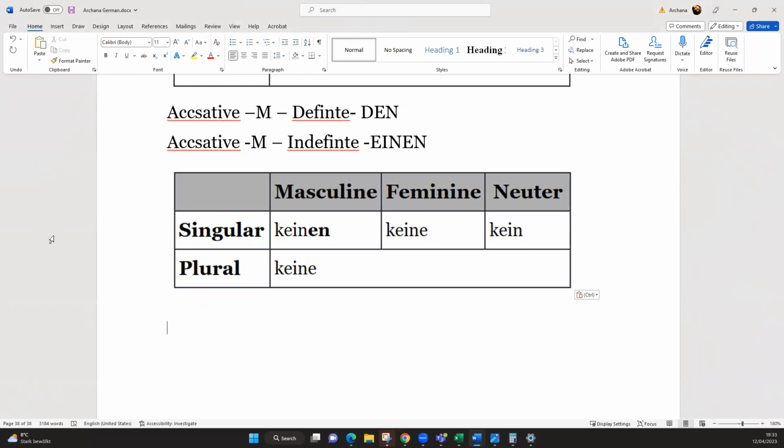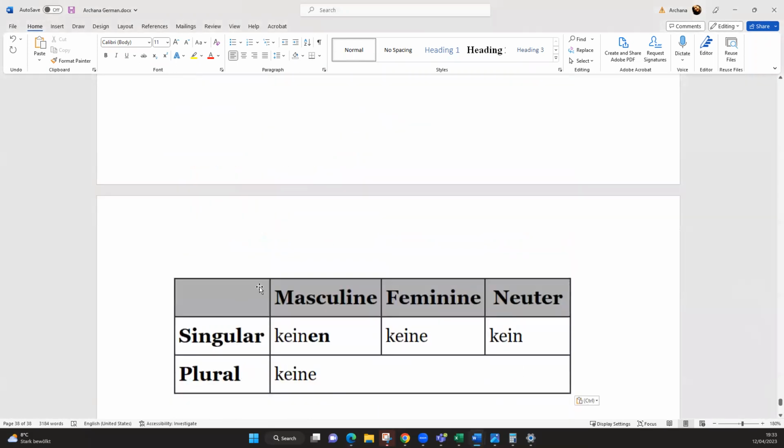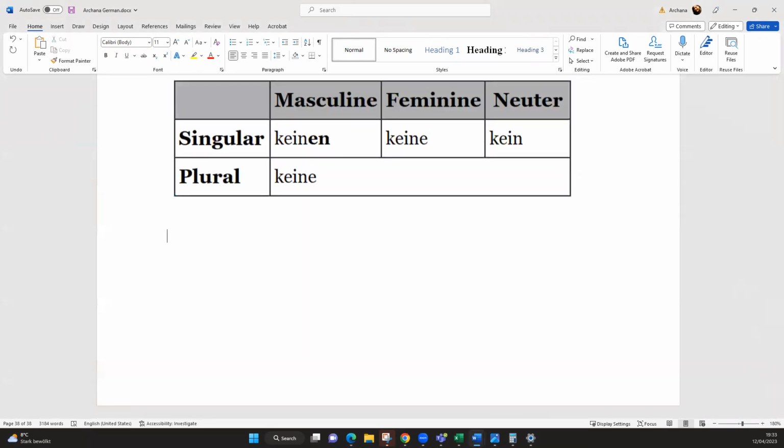Very simple. Trinkst du gern what? Beer. So beer is your accusative case.